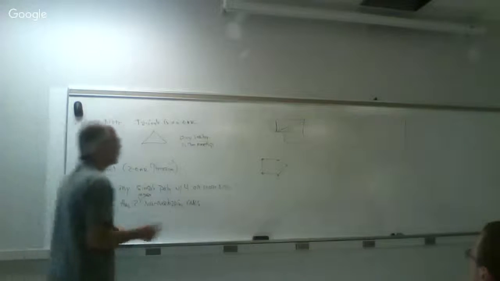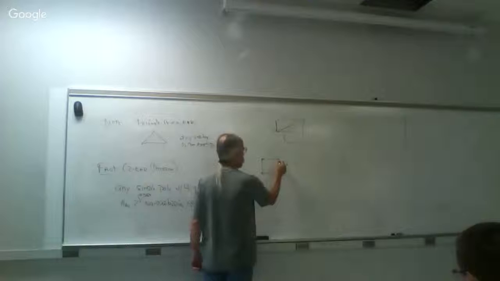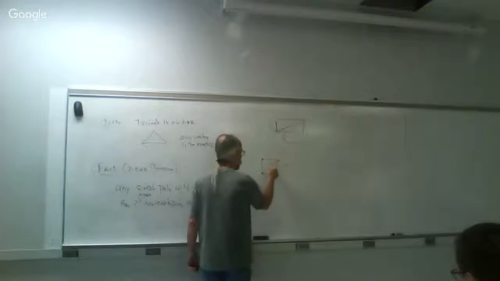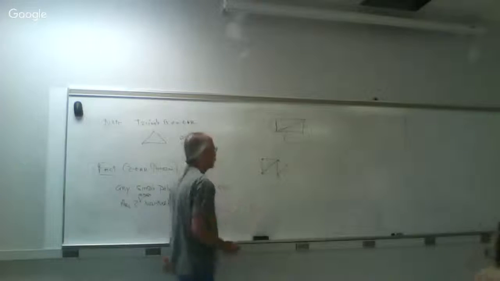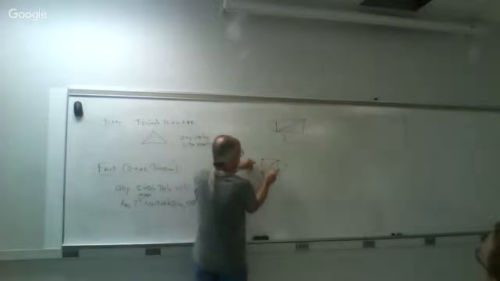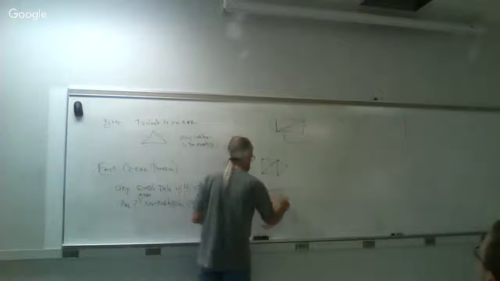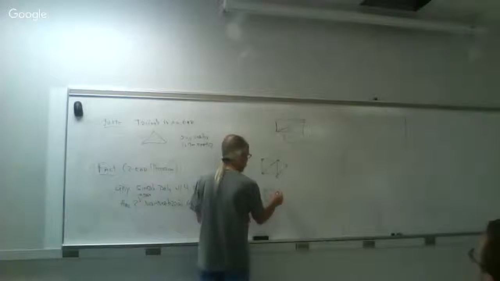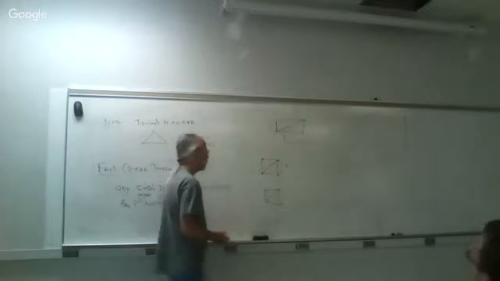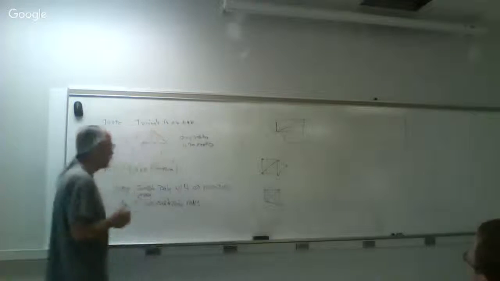So, for example, here's an ear and here's another ear, and they're different from each other. On the other hand, if I look at a 4-sided one, here's an ear, and here's an ear, and they overlap each other. But you can separate them.